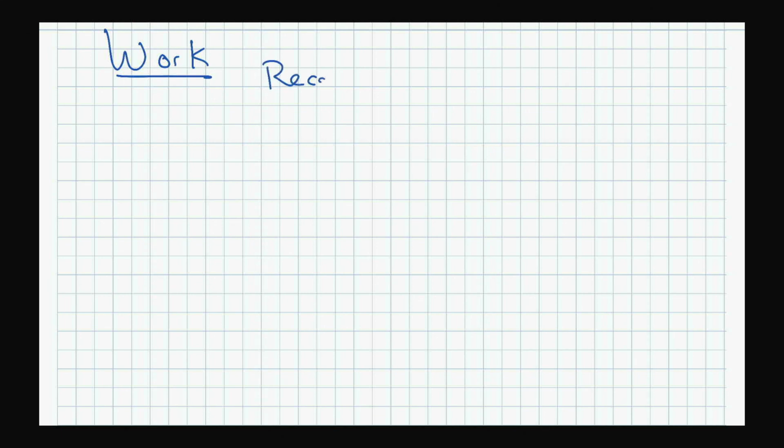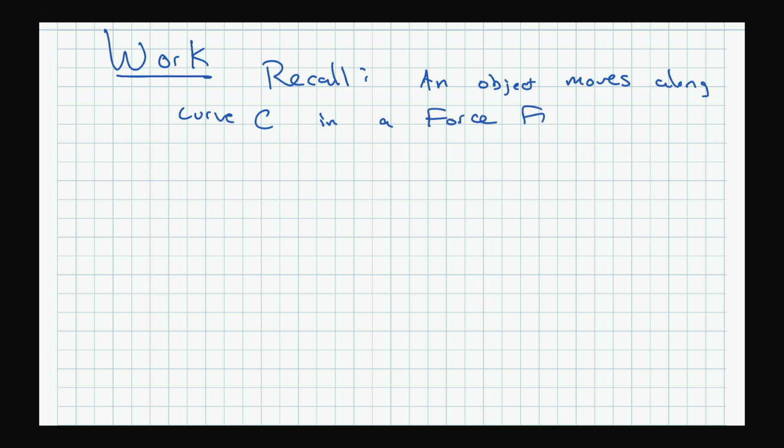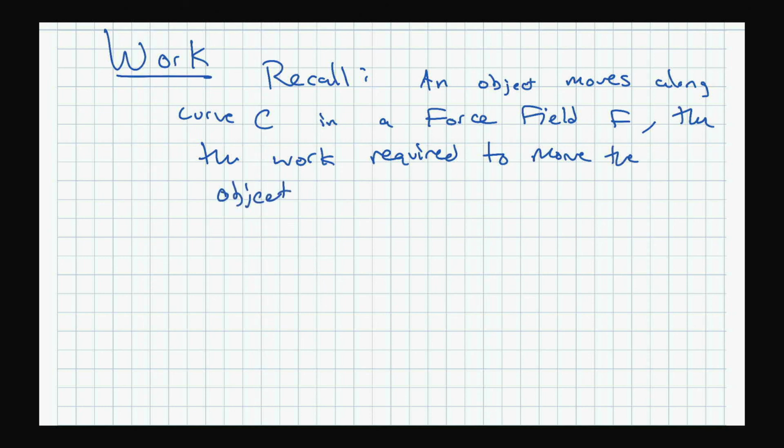Just recall an object moves along C in a force field F. Then the work required to move the object is given by work equals integral over C of F dot dr. So it's the type of line integral we have already done.